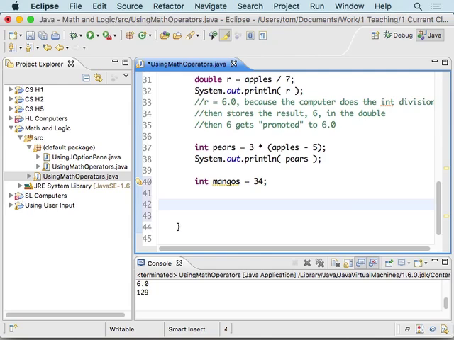So the way that we would figure out how many mangoes each person gets if we had 8 people is we would say everyone gets mangoes divided by 8. Right? So there's 8 people. Another way that we could do this is we could say int people equals 8. If you want to think about it that way, each person gets mangoes divided by people.